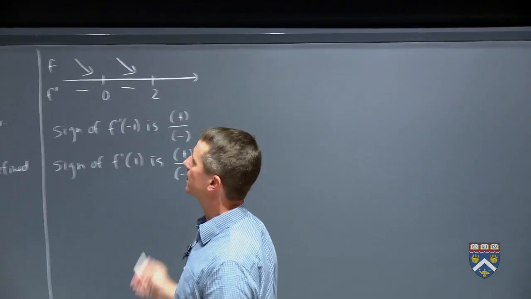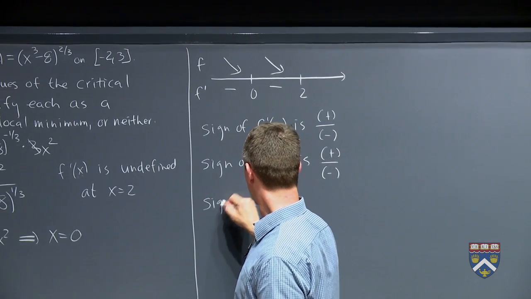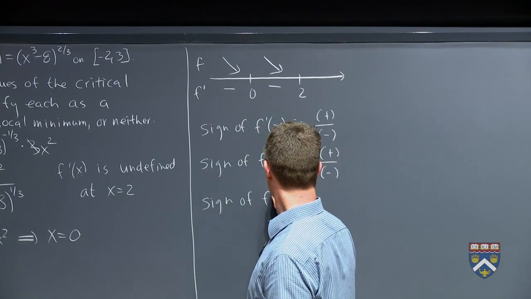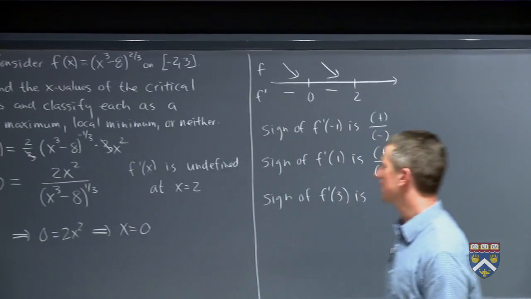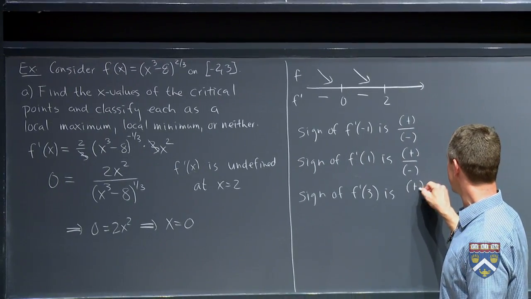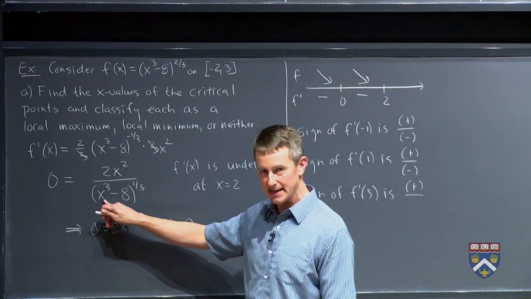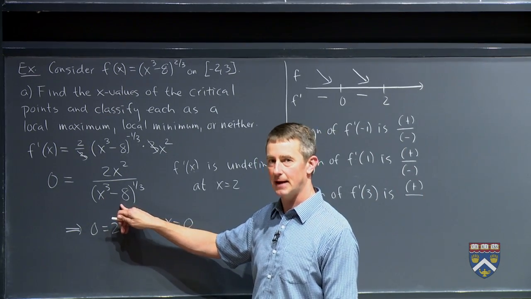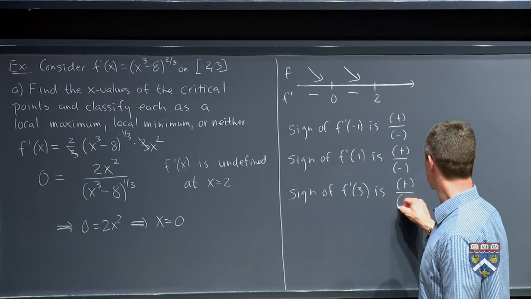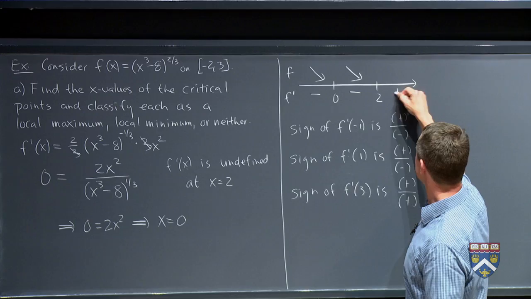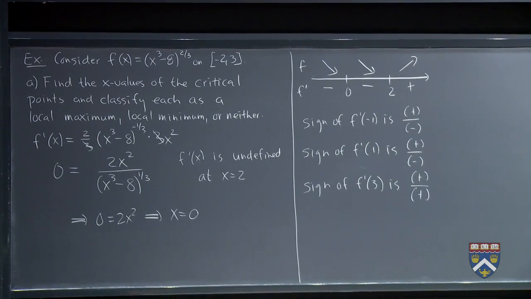Let's pick a number out here. Our domain goes all the way over to 3, so let's pick 3. Again, something squared can't be negative, so we get a positive on the top of the fraction. On the bottom, 3 cubed is 27, 27 minus 8 is a positive number, and the cube root of a positive number is positive. So now f is increasing for the first time, starting at x equals 2.